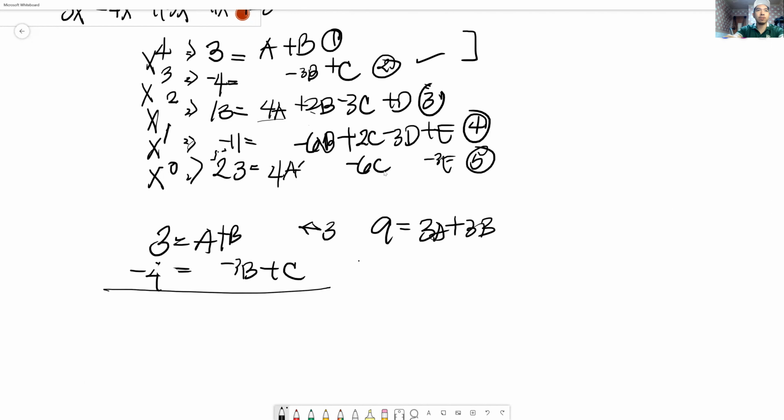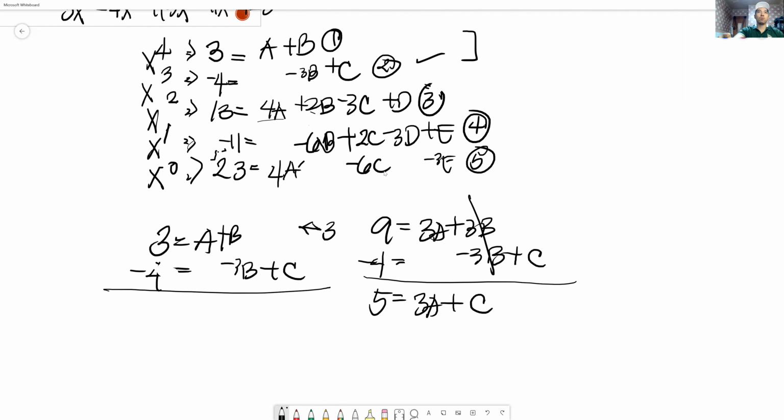And still we have here negative 4 equals to negative 3B plus C. So that will have 5 equals to 3A plus C. Let this be our sixth equation. Okay. So we now have our sixth equation.